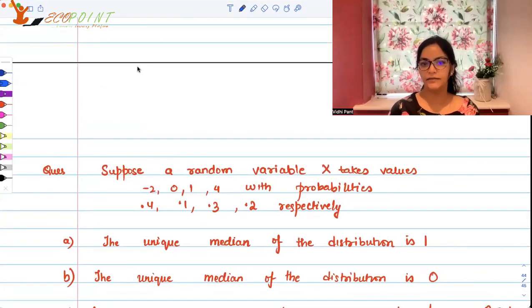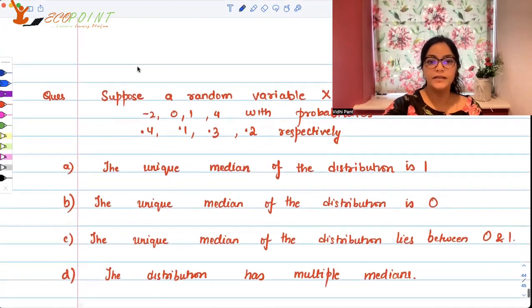So the question I have for you today is from random variables, and we should be trying to find the median for a particular random variable. Suppose a random variable x takes values -2, 0, 1, and 4 with probabilities 0.4, 0.1, 0.3, and 0.2 respectively.